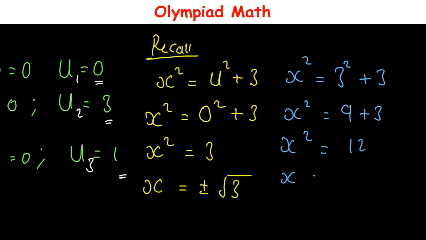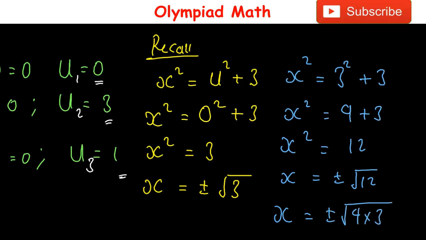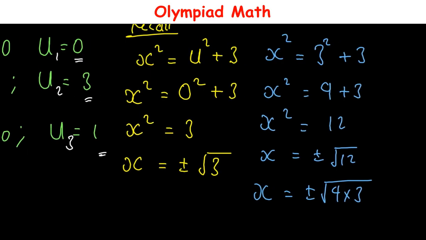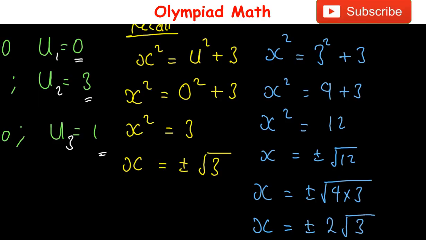Then x is equal to plus or minus the square root of 12. And with this, x is equal to plus or minus root 4 times 3, such that root 4 is 2, and the value of x is equal to plus or minus 2 times root 3.